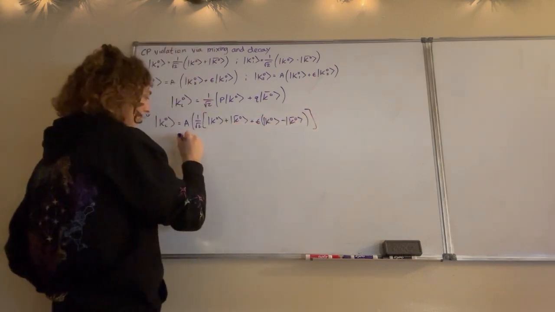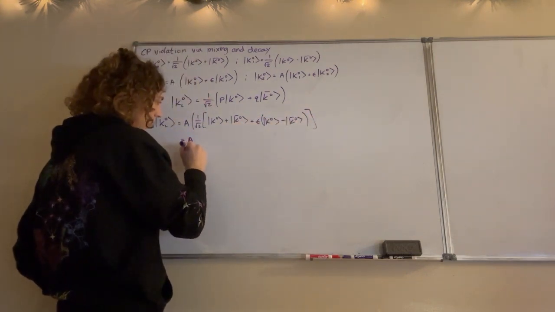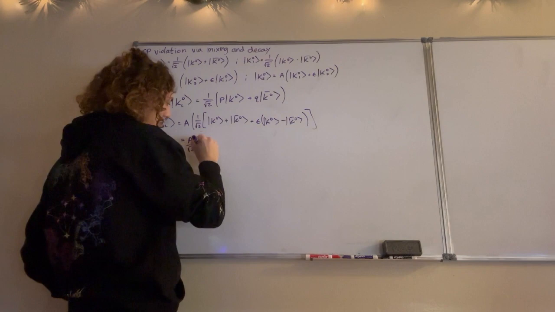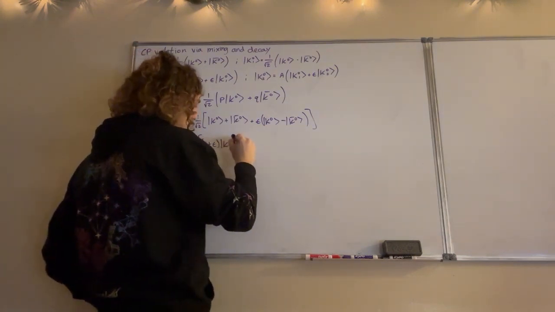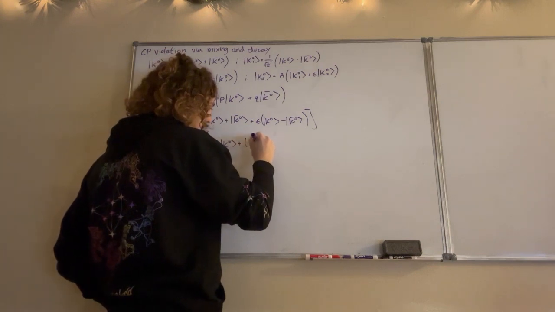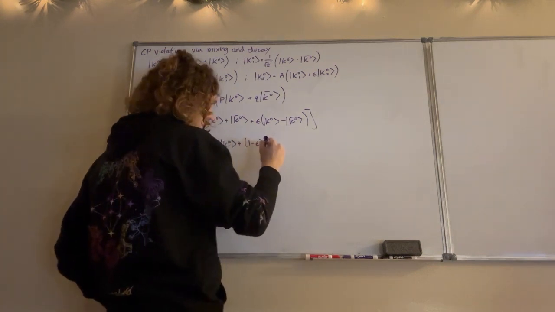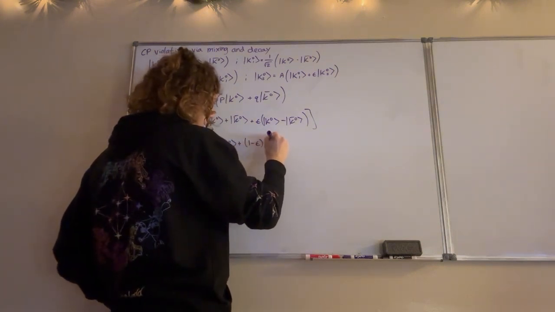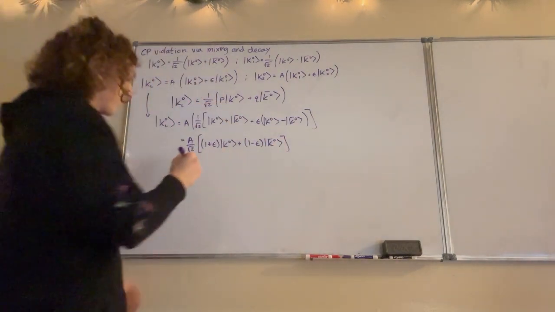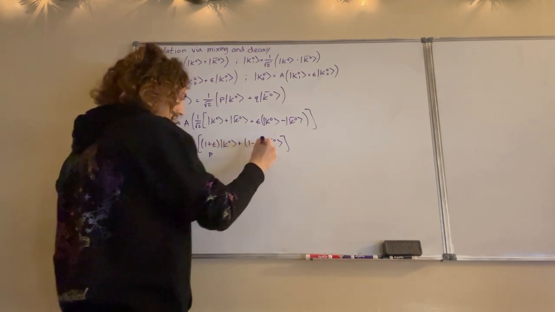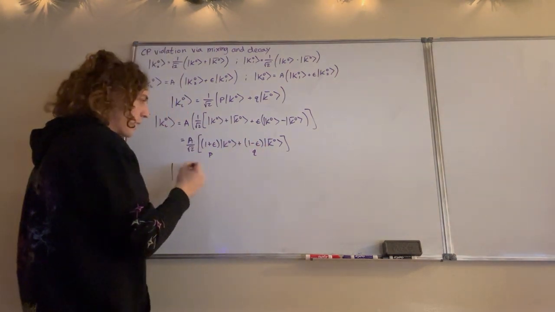Then we can rewrite this as A over root 2 times ((1 plus epsilon) K0 plus (1 minus epsilon) K bar). So then we can just look at this, right, and say that this is P and this is Q.